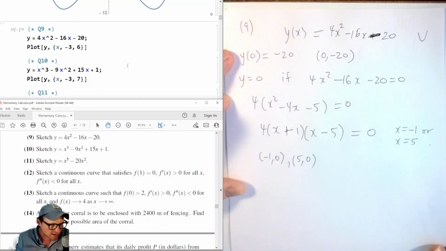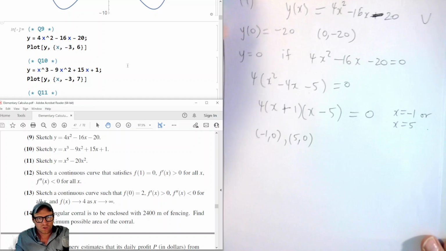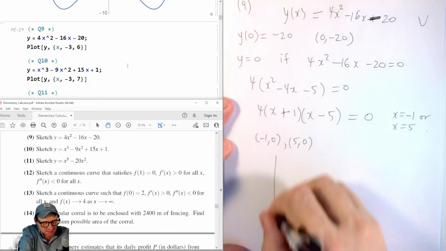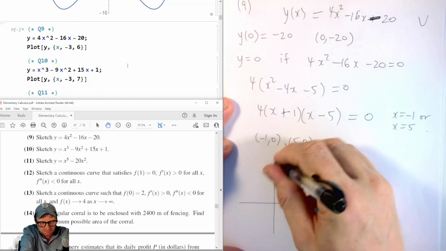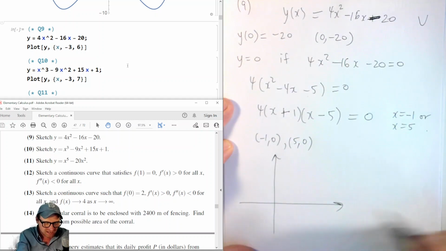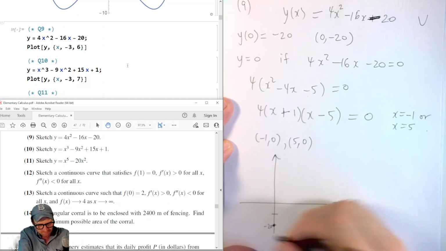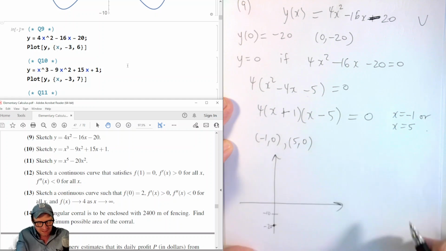All right, and so now we have 3 points on the axes. At this point, you might want to start sketching. We've got to accommodate minus 20, so we can't exactly do this to scale. So let's put minus 20 down here, and this would be minus 10, and this is the origin (0, 0).